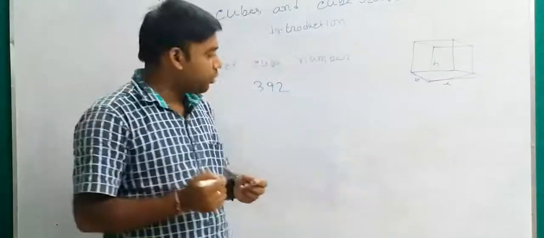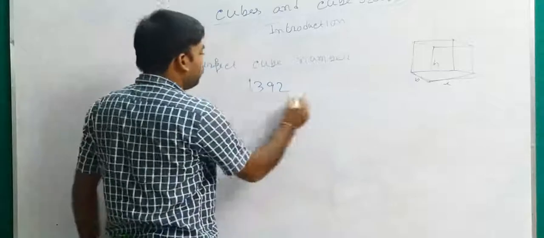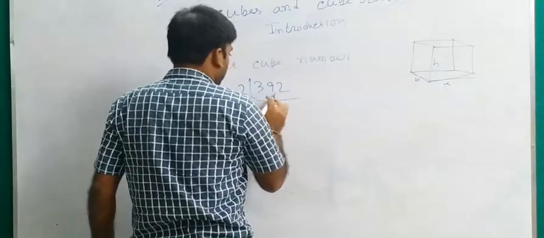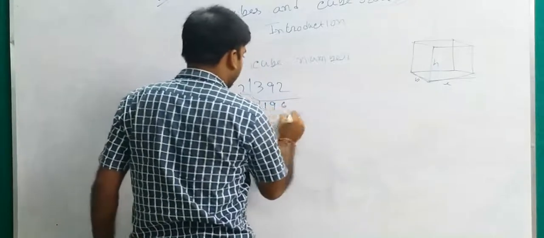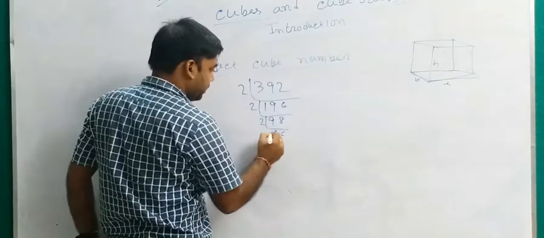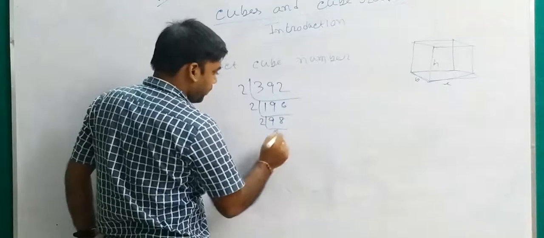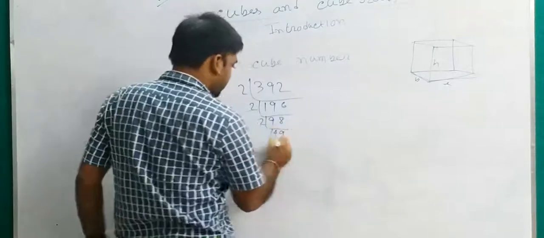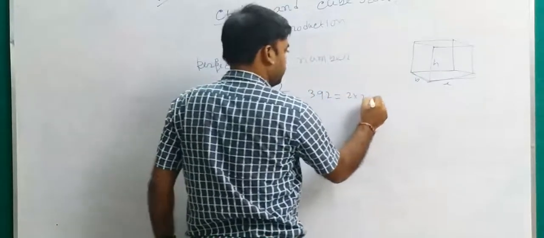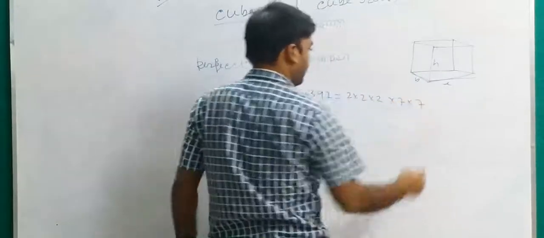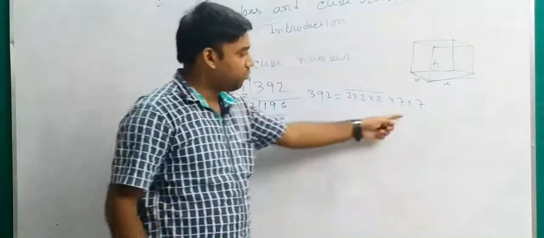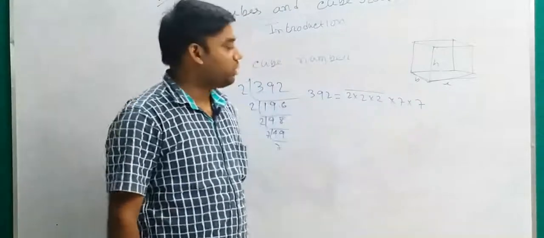For solving this type of question, we have to first factorize it: 2, 196, 2, 98, 2, 49, 7 and 7. 392 equals, okay, three 2's are there, so you can give a bar, but only two 7's are there.